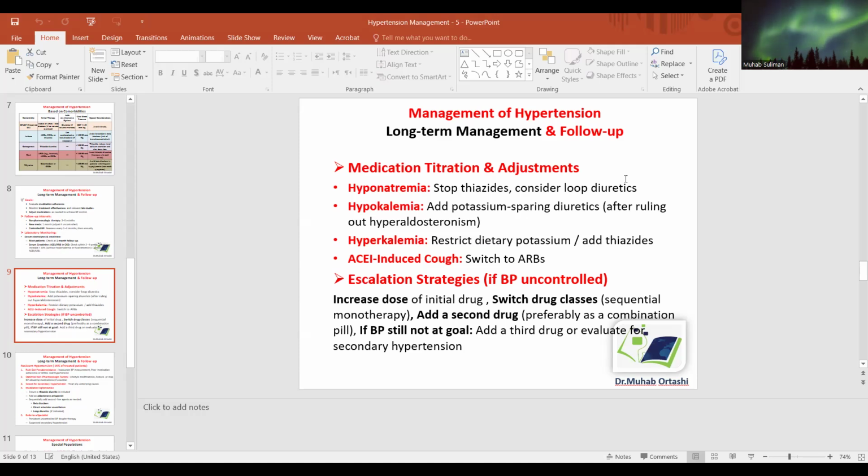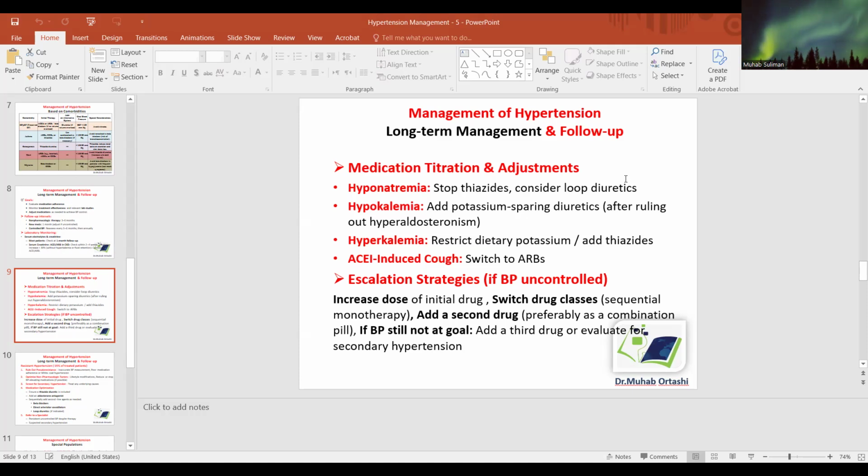Then we can add a potassium sparing diuretic; also ACE inhibitors and ARBs could treat the hypokalemia, so we can add them. If the patient has hyperkalemia, we have to adjust the dose of drugs associated with hyperkalemia, which are the ACE inhibitors, ARBs, and potassium sparing diuretics. So we have to adjust the dose, and if it is not controlled, we can add thiazide, which causes hypokalemia, so we can adjust the potassium level.